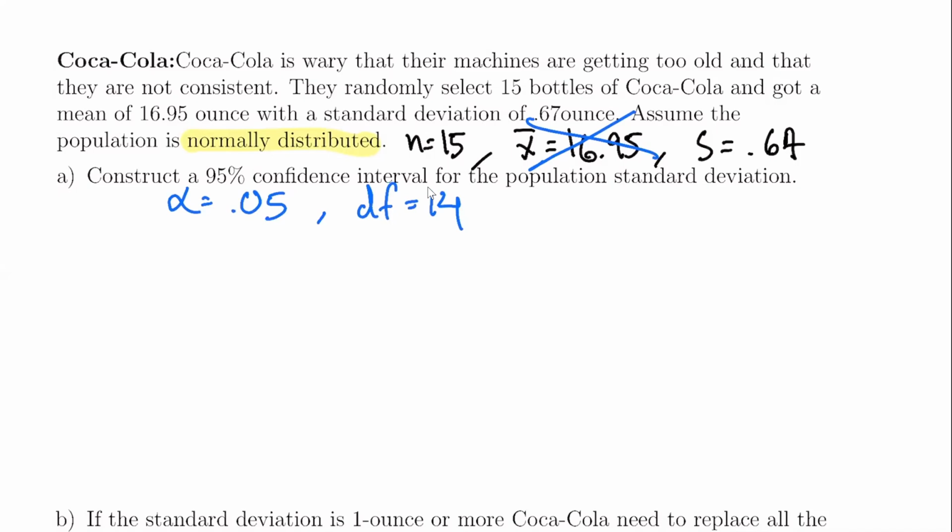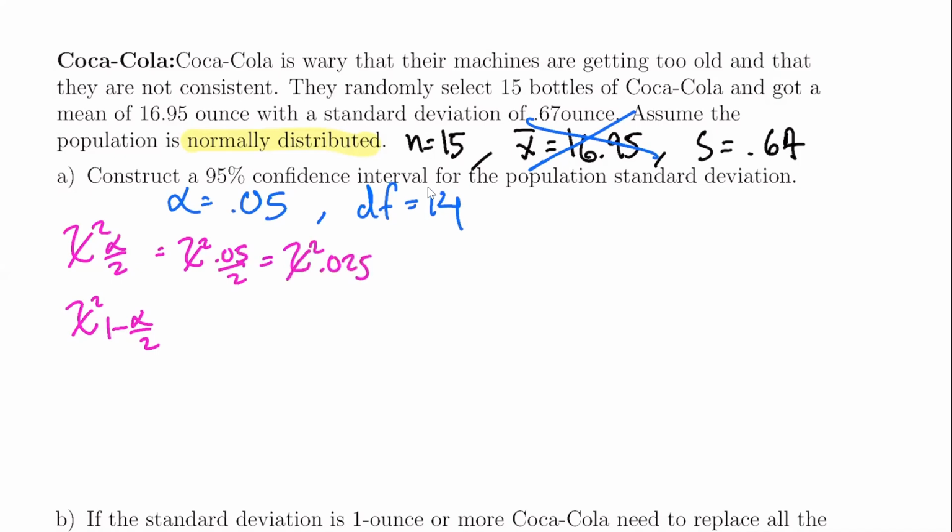Up next, I'm going to do chi-square. Remember, we want to find chi-square of alpha divided by 2, and chi-square of 1 minus alpha divided by 2. For chi-square of alpha divided by 2, we do 0.05 divided by 2, which gives chi-square of 0.025.